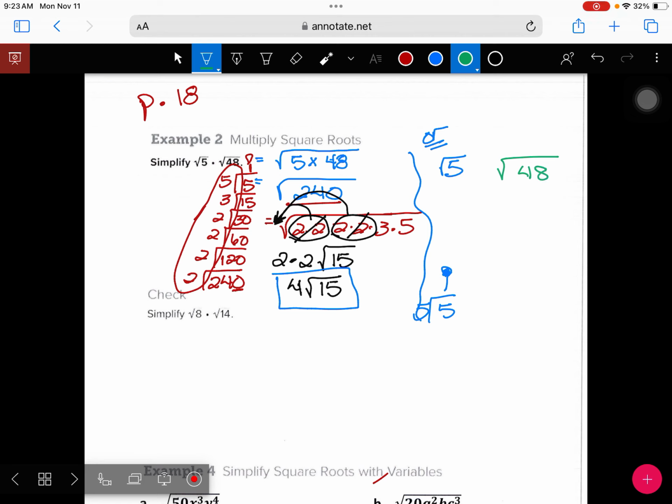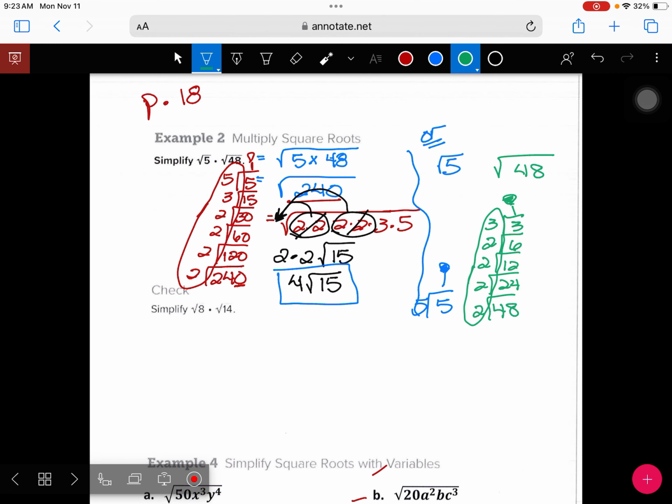If I use that cake method, here's 48 divided by 2, 24, divide by 2, 12, divide by 2, 6, divide by 2, 3, and divide by 3 is 1. So this is the prime factorization for 48.